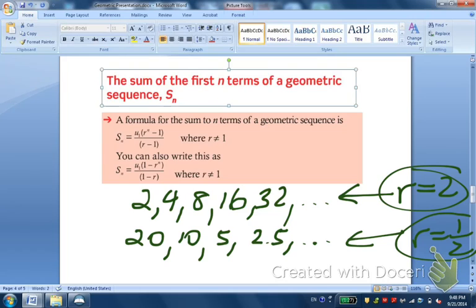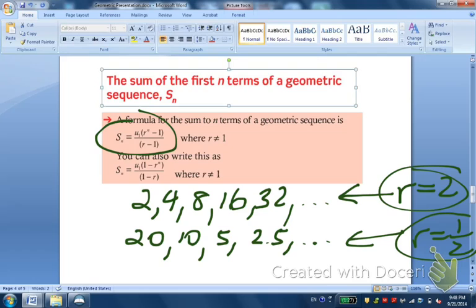If you want to add up the terms, or say you want to add up the first 20 terms of the first sequence, it's a good idea to use the top formula here. The reason we do that is because r is bigger than 1, and we won't get a negative in the denominator. So it's just good practice to use the top formula when r is bigger than 1.